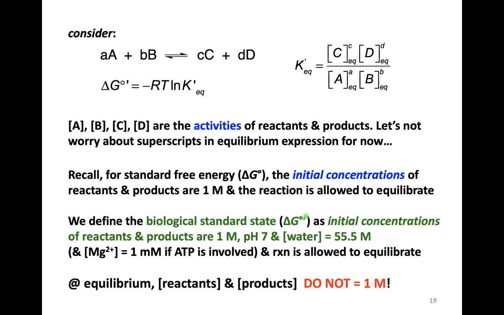That apostrophe indicates it's the biological standard state. Okay, so in a similar fashion to the standard state, the initial concentrations of reactants and products remain 1 molar, okay? But the additional environmental conditions that must be taken into account to define the biological standard state are that we are at neutral pH, pH 7, and this is an aqueous environment.